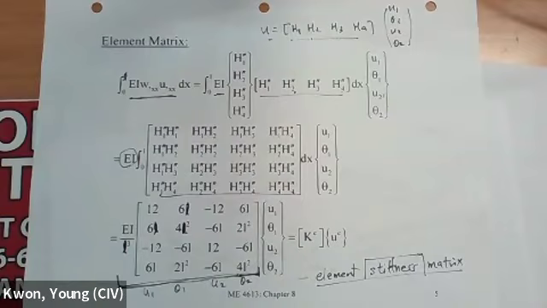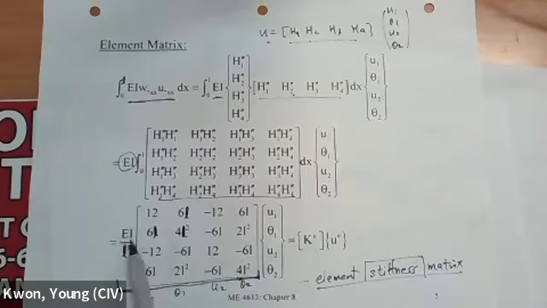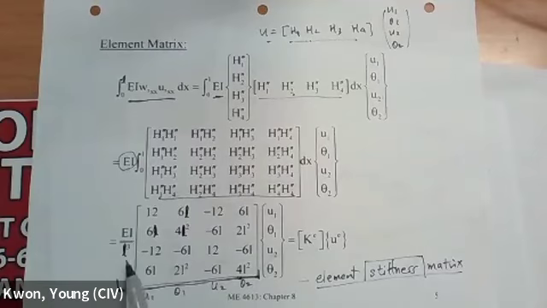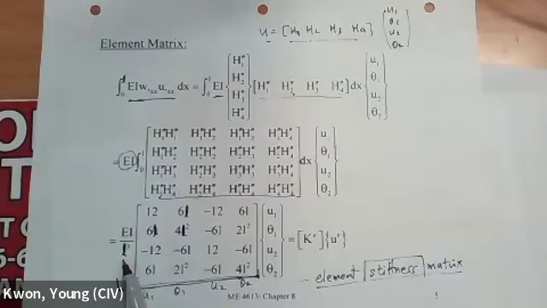So in this case, element stiffness matrix, of course, is proportional to beam rigidity, how rigid the beam is, EI, as well as the length of the beam. You can see that if the length is larger, then the overall value of the matrix becomes smaller because you got the L cubed in here, right?